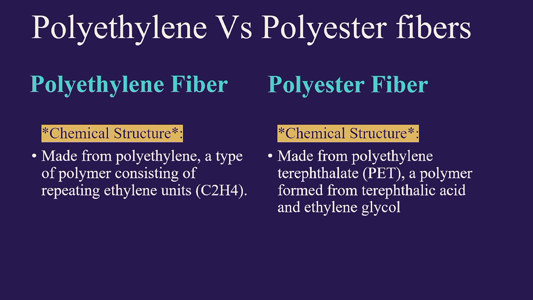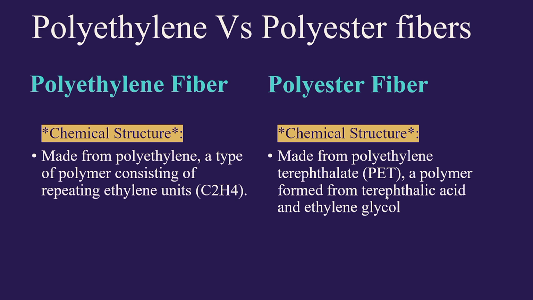First we will discuss the difference with respect to chemical structure. Polyethylene fiber is made from polyethylene, a type of polymer consisting of repeating ethylene units, C2H4. While polyester is made from polyethylene terephthalate (PET), a polymer formed from terephthalic acid and ethylene glycol.